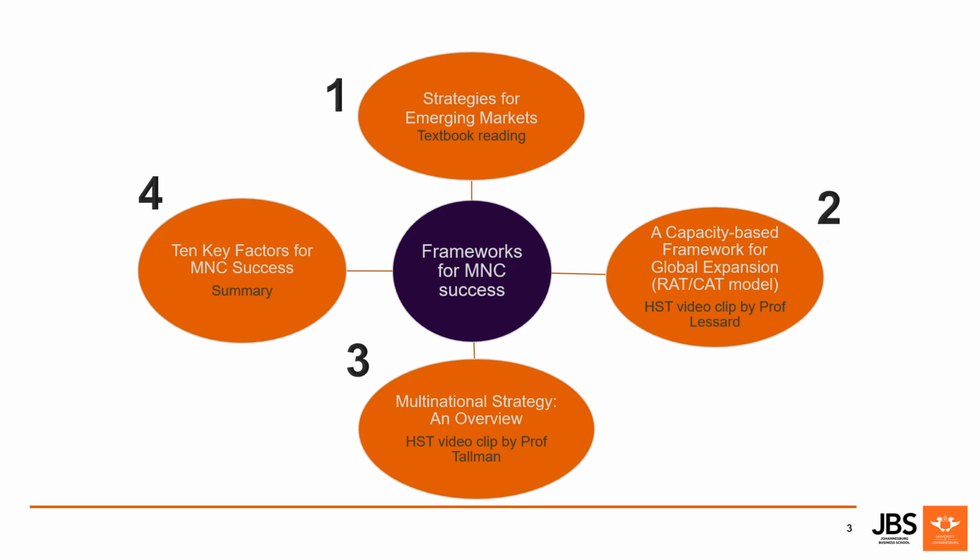Secondly, we will cover the capacity-based framework for global expansion. This is a very important model and also a very interesting model. For this section, you have to watch Professor Lassard's video clip in which he explains the RAT and CAT model.